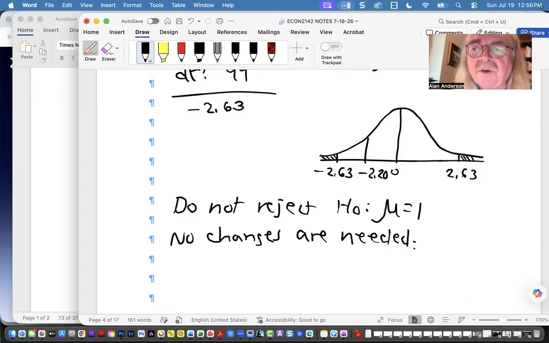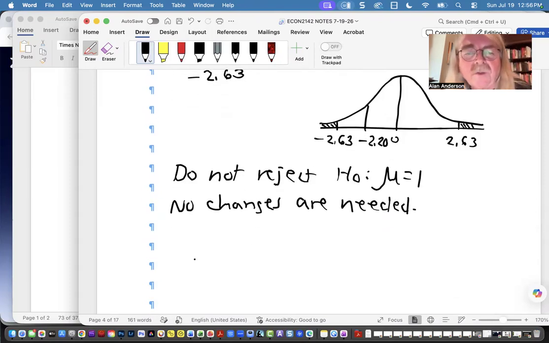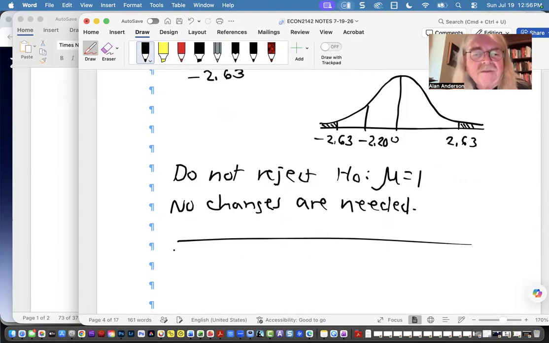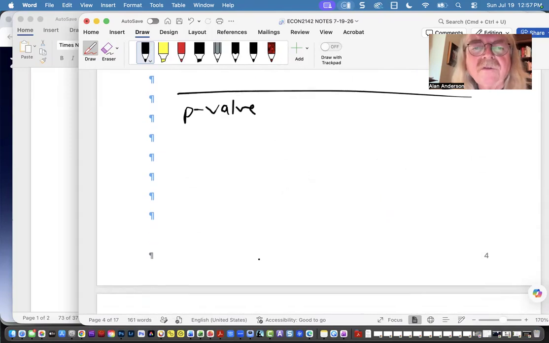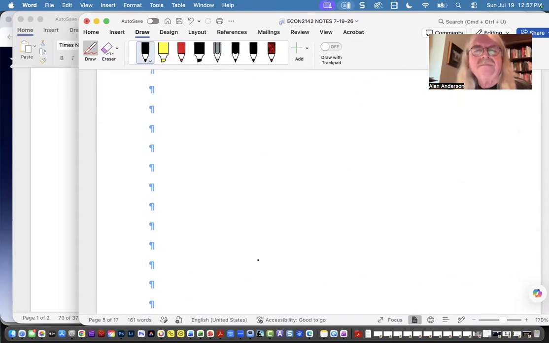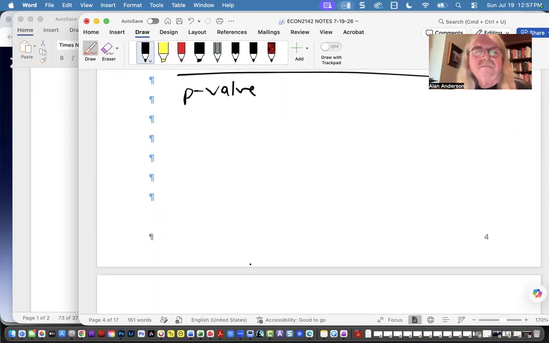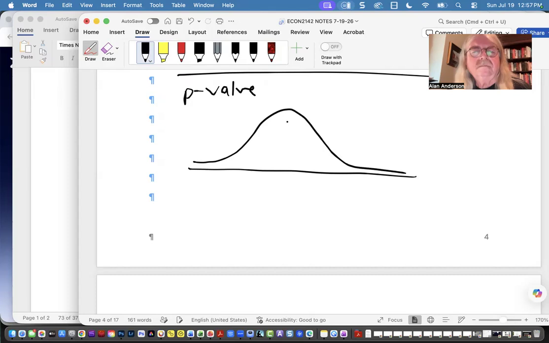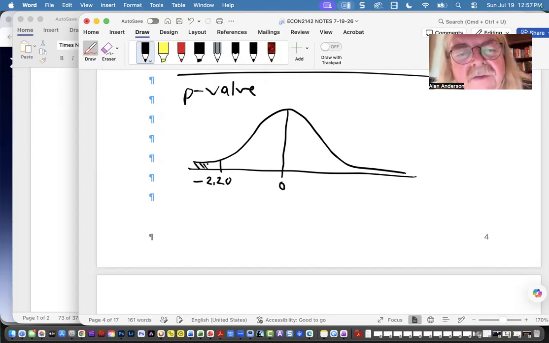Now, as far as the p-value approach goes, this is a two-tailed test, so we have to watch it. It's a little trickier. What we're going to look for is this: not just everything to the left of negative 2.20, but everything to the right of positive 2.20.